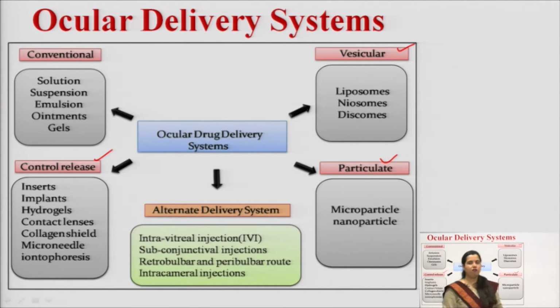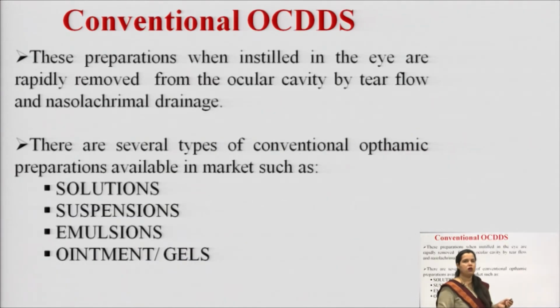Apart from this, one alternate delivery system is intravitreal injections. Basically, we may have injections for this type of administration: subconjunctival injection, retrobulbular injection and intracameral injections. These are different injections available and used to target a particular site within the eye. We will discuss it in detail.